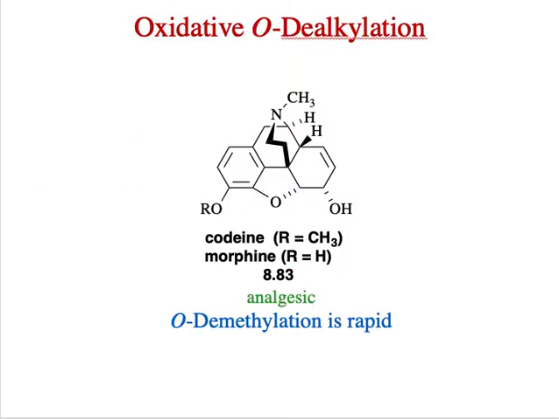Anyways, here's an example for codeine and morphine. I really like these structures. In codeine and morphine, O-demethylation is really rapid.